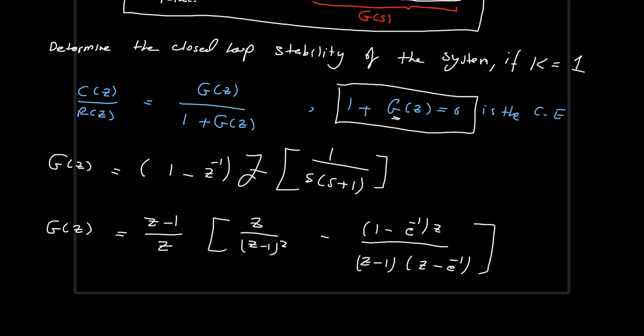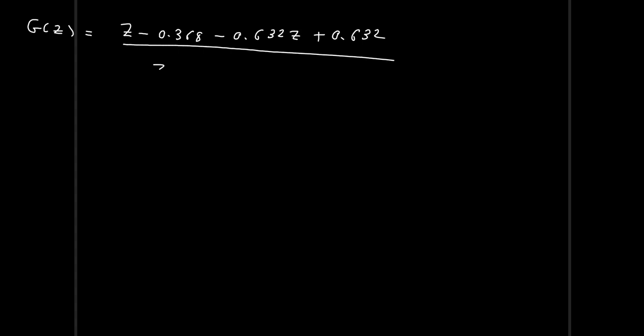Now if we simplify, we will get G of z will equal z minus 0.368 minus 0.632 z plus 0.632 over z minus 1 multiplied by z minus 0.368.